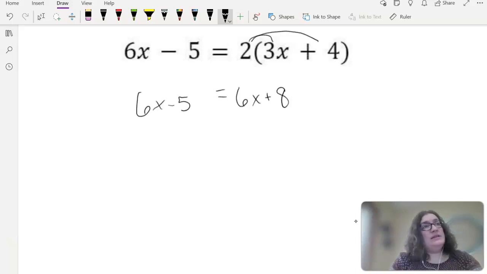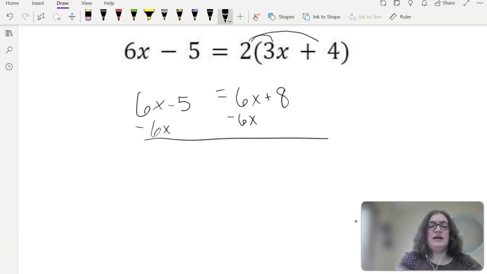Now, at this point I can't stop and say it's infinitely many because they don't look exactly the same on each side. And so I'm going to move on with my steps of now working toward getting my variables all on the same side. And so I'm going to subtract 6x from each side, and by doing that, 6x minus 6x is eliminated, and I'm left with negative 5 is equal to, again, 6x minus 6x is eliminated, I get it equals 8.